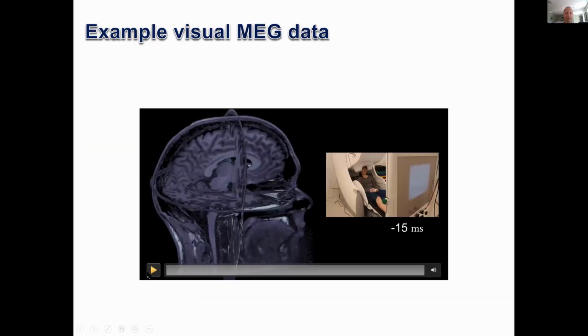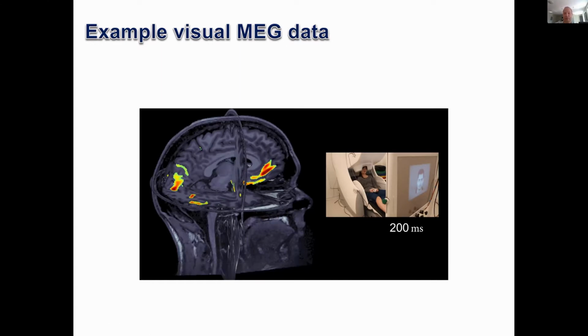Another example, and I hope you can see the video, the bandwidth is good enough to see what is happening. You see here the time from the onset of the stimulus. The participants saw an image of a face, and you see here the dynamics of what is happening in the brain while the face is processed, initially starting here, and then a cascade of activity further down the human brain as we're processing what we see in front of us.